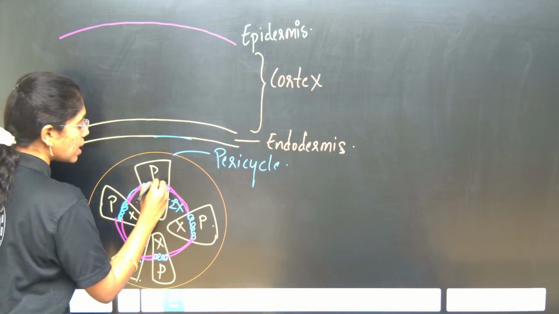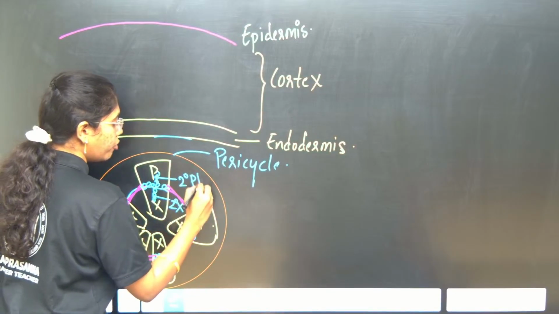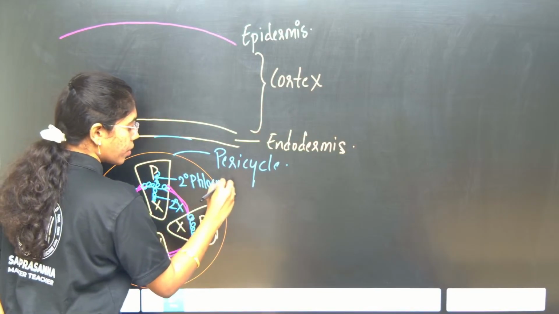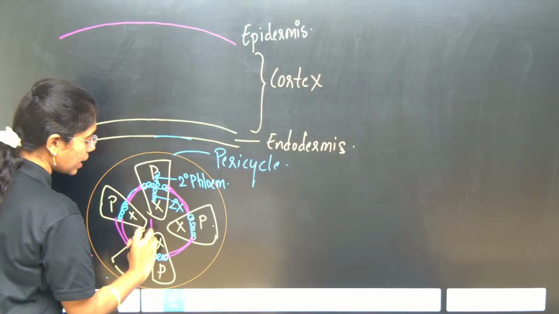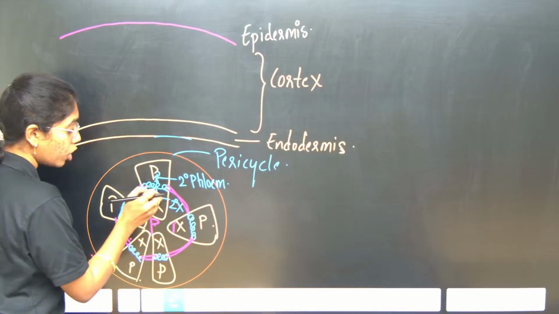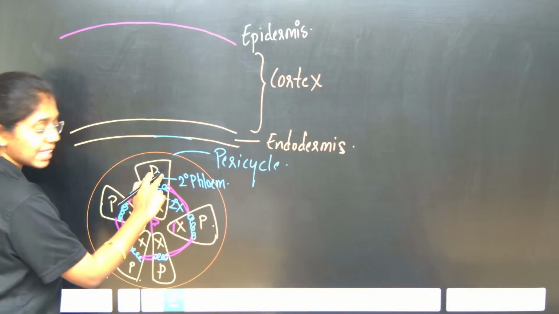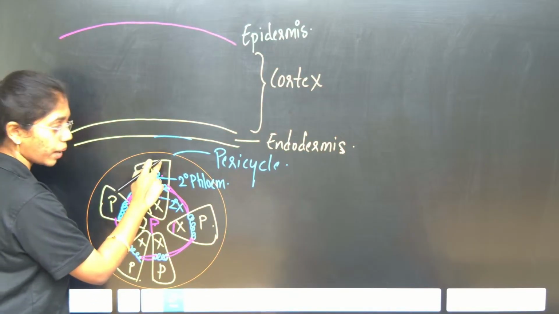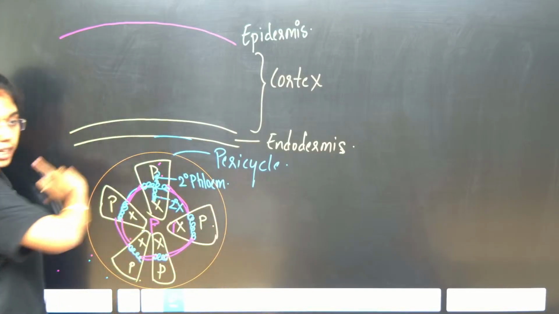Those formed towards the phloem are secondary phloem. So in the stellar region, at the center you have pith, then primary xylem, followed by secondary xylem, then vascular cambium, followed by secondary phloem, and then primary phloem. Primary phloem is close to the pericycle.